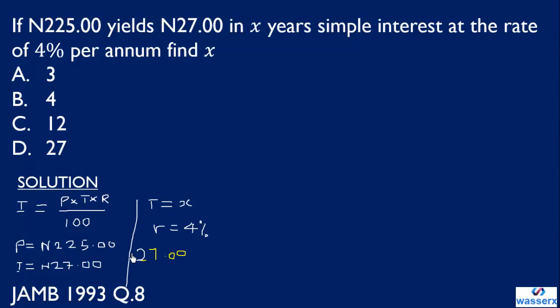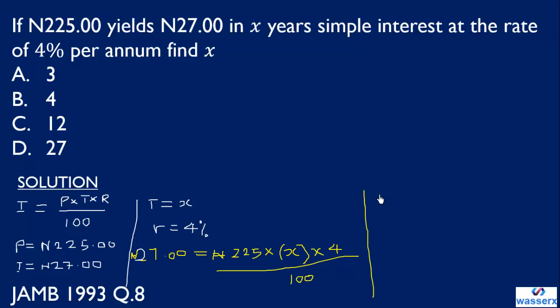27 naira is equal to 225 naira times X times the rate, which is R%. Now we just simplify this.